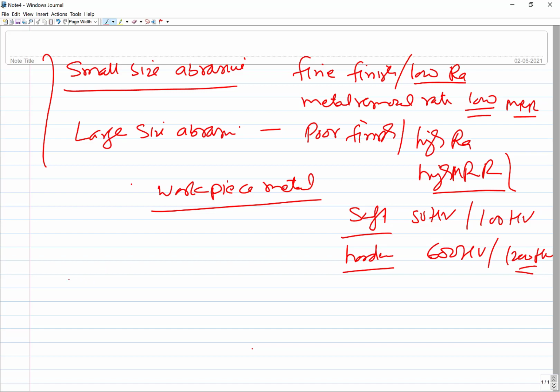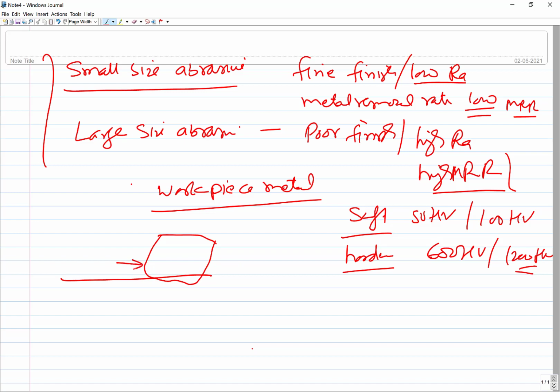So when the material is soft, the shearing of the soft material by the grinding abrasive will not be causing much stress on the abrasives.